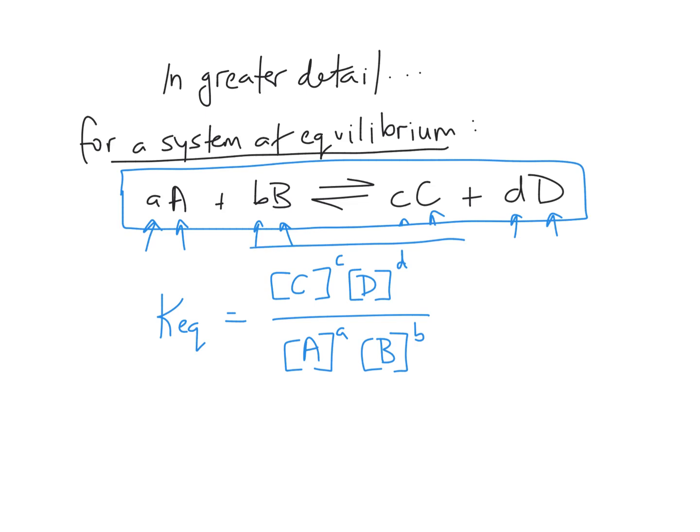Okay, so this would all be numbers, of course, in the real scenario, but that's the model, and that's how you would come up with the equilibrium expression for any given reaction such as that.